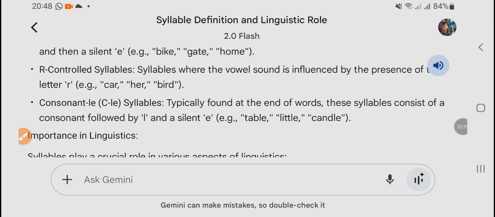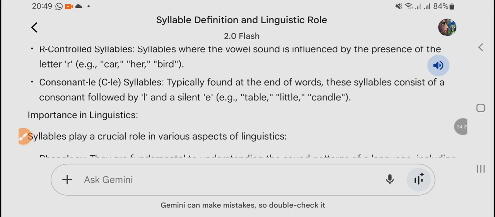R sound is dominating. Bird. The I is somewhat suppressed by the R sound. In the case of her, the vowel is dominated by the R sound. So these syllables are called R controlled syllables.